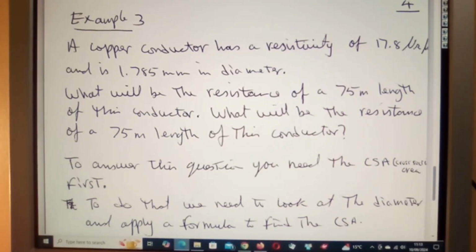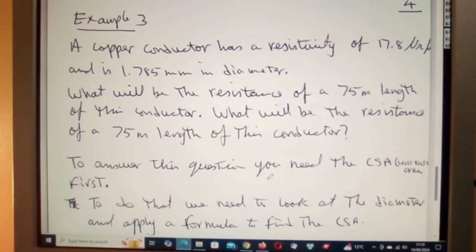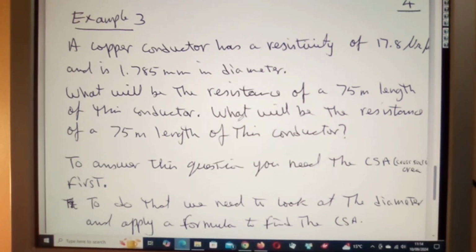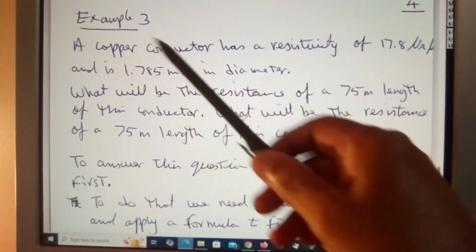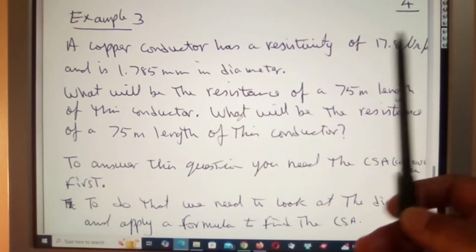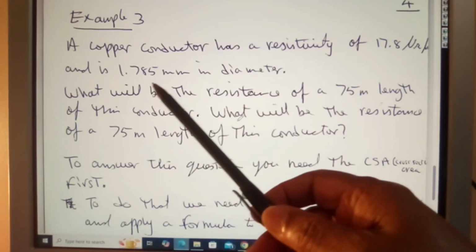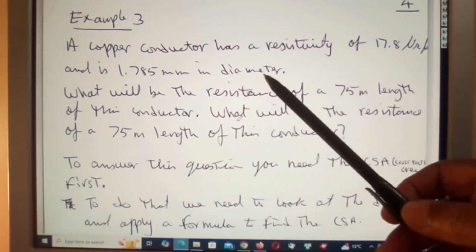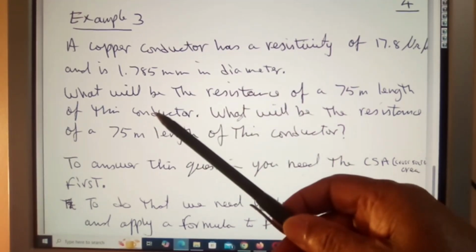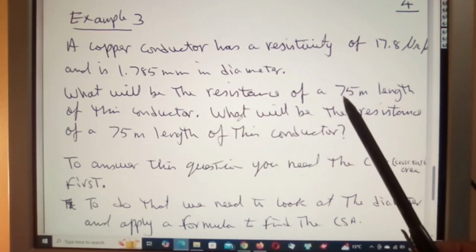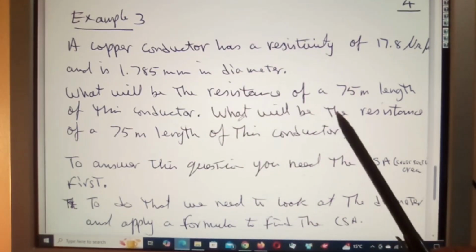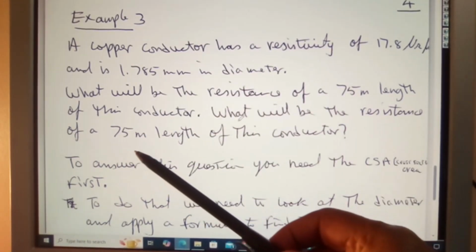Let me just see if I need to move this. Example 3. A copper conductor has a resistivity of 17.8 microohms per millimeter and is 1.785 millimeters in diameter. What will be the resistance of a 75 meter length of this conductor?